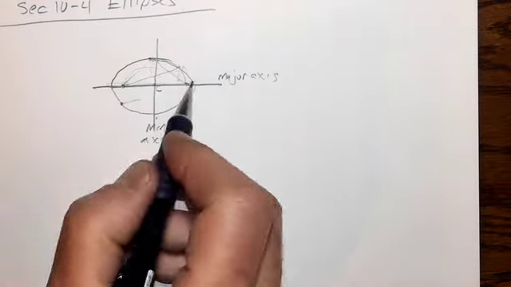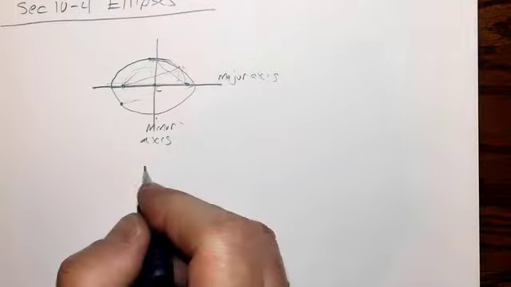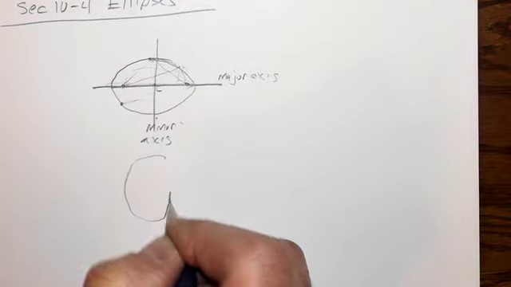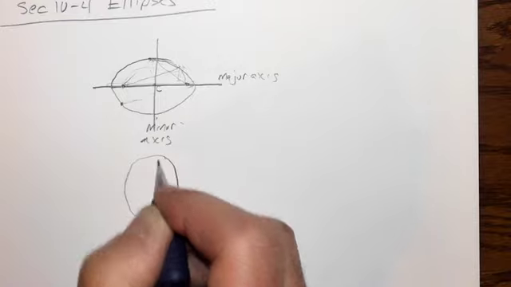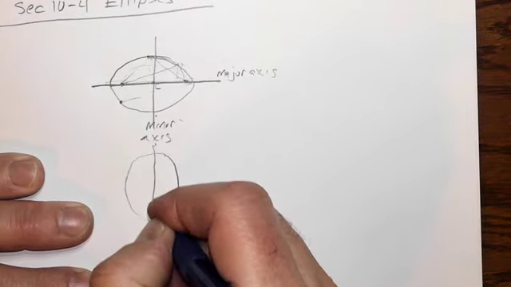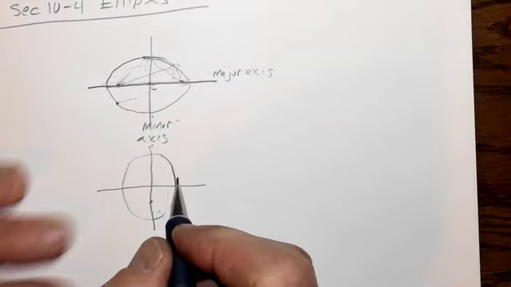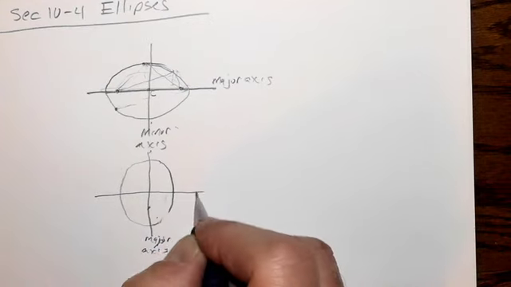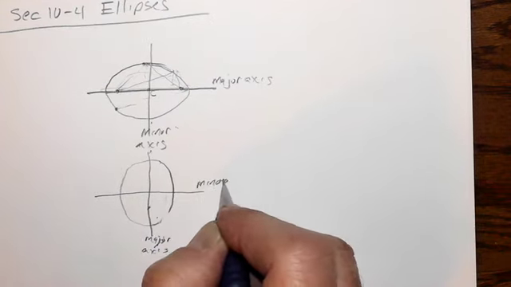It can go this way in the x direction, or, not very good at drawing these, it can go like that in the y direction. So this would be the major axis, and this would be the minor axis.